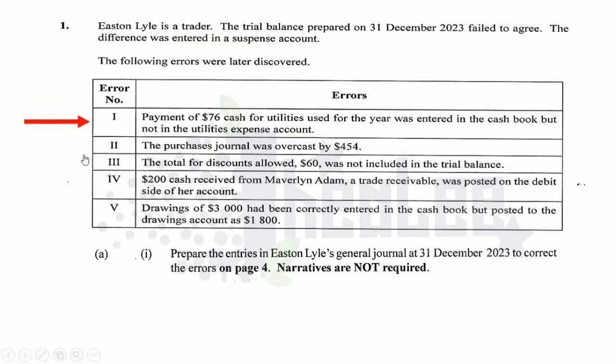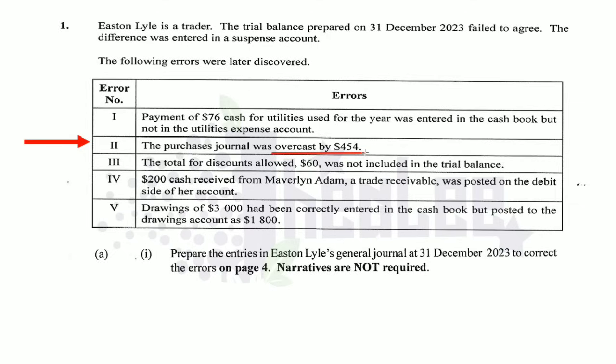We're going to look at the next error, which is the purchases journal was overcast by $454. What do we mean by overcast? It means that the purchases account was entered with $454 too much. Now, in this case, it means that to correct the error, we have to get rid of the extra $454.